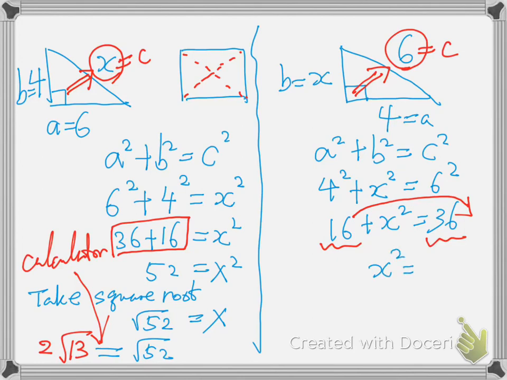X squared is 36, stay the same. 16 changes to negative 16. So x squared is 20. Last step, take the square root. So x is square root of 20. Simplify that by calculator. You got 2 radical 5.